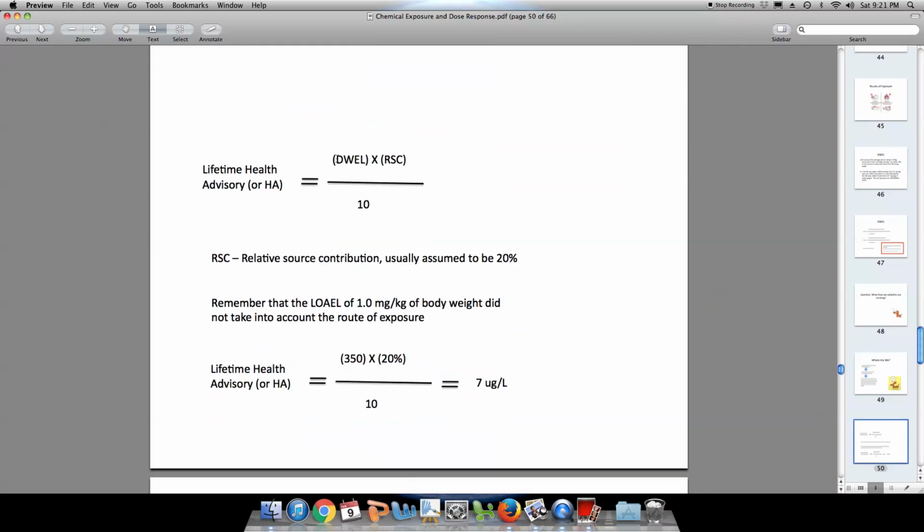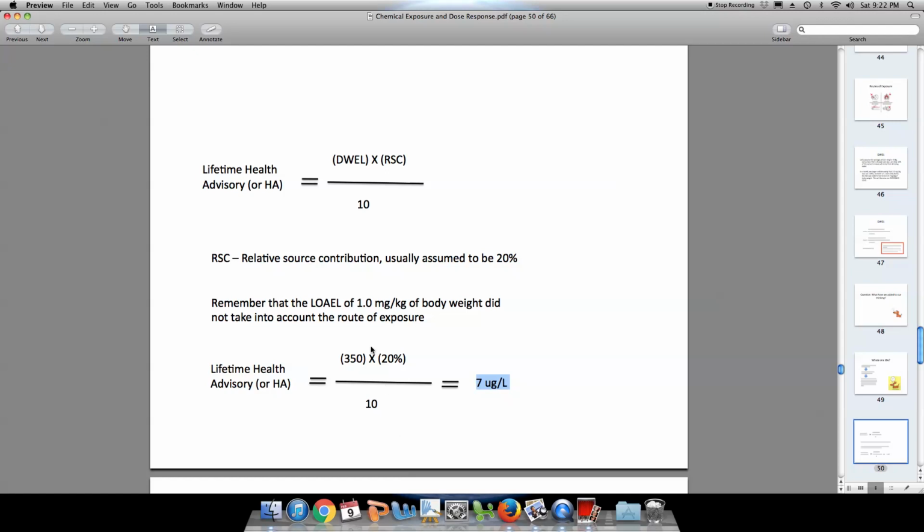So we take our drinking water exposure limit times the relative source contribution, in this case assumed to be 20%, and divided it by an additional uncertainty factor. That gives us a lifetime health advisory of 7 micrograms per liter.